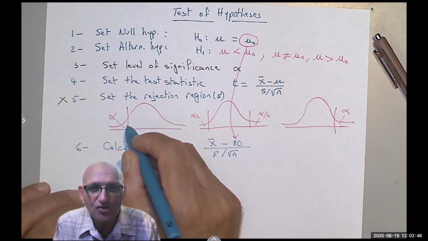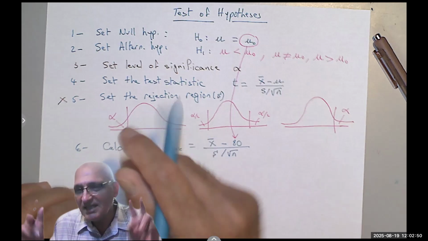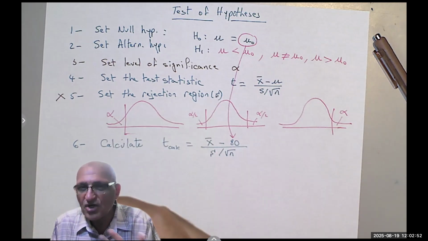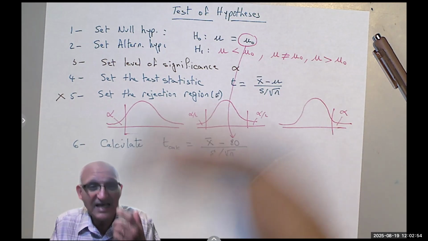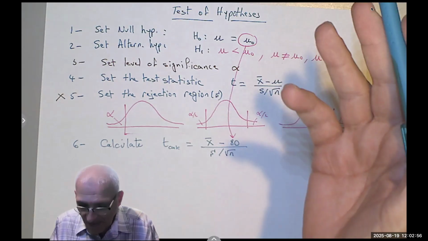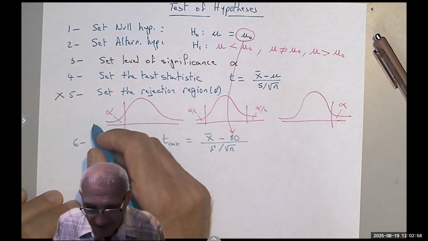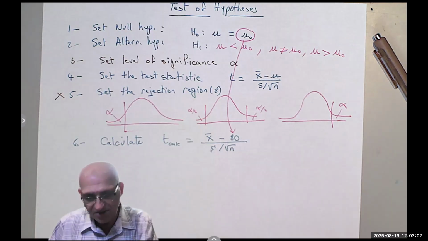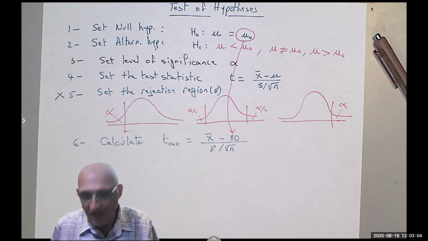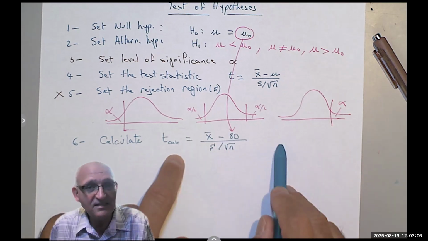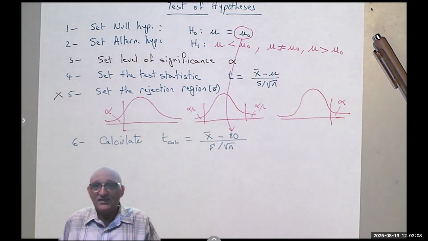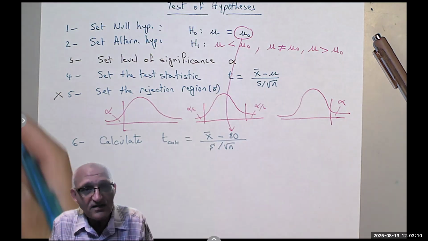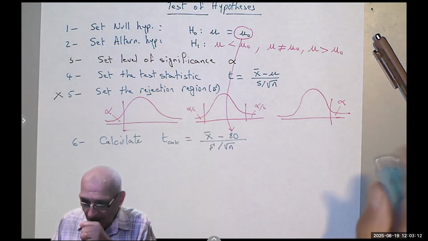It's very close to the acceptance region. So I may run another test or I may accept it. Or does it fall here? Oh, way into rejection region. I definitely would reject. This doesn't tell me that. This number doesn't tell me that. All what it tells me, it falls into the rejection region or not.